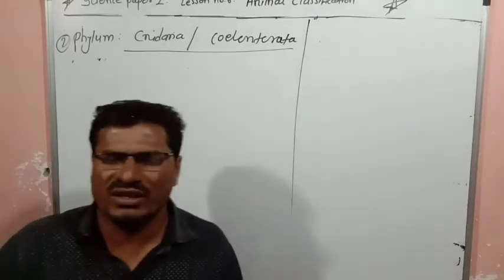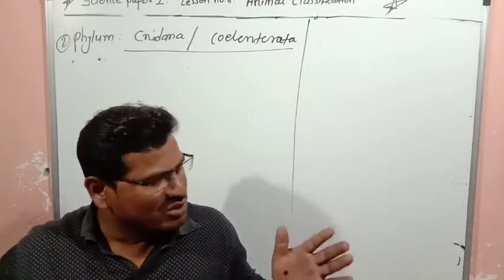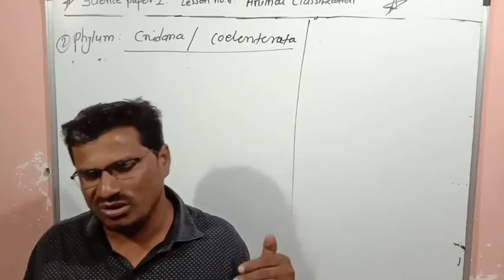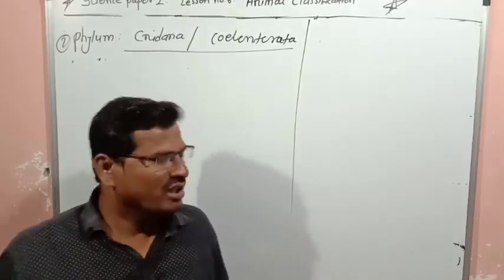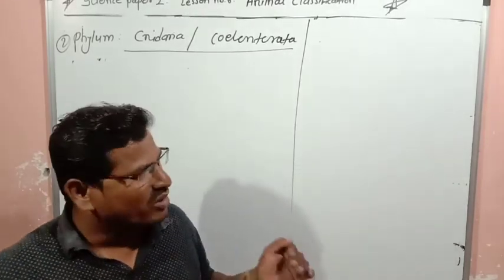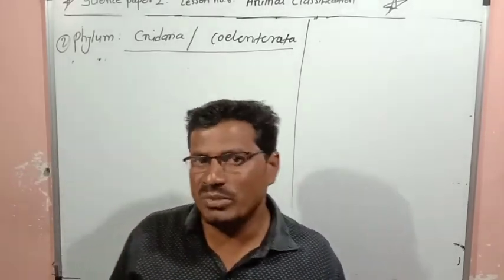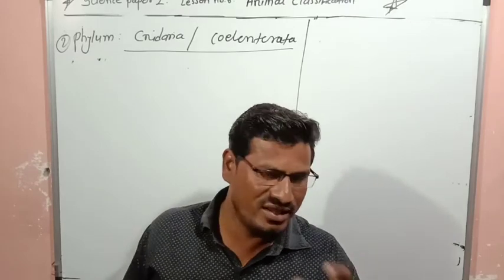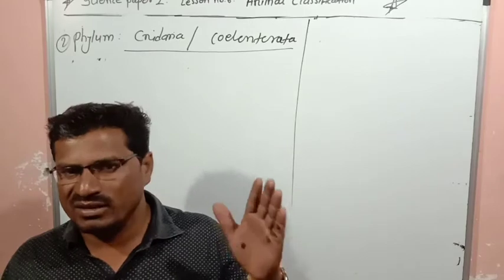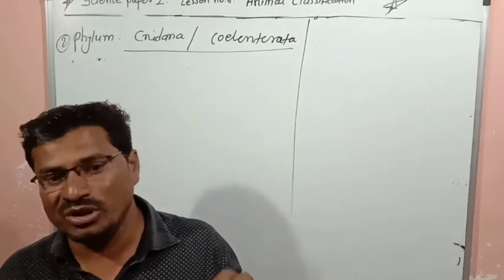First we'll see what the characteristics are. In these animals, the body is cylindrical or umbrella like. If the body is cylindrical, you say polyp, and if the body is umbrella like, you say medusa.